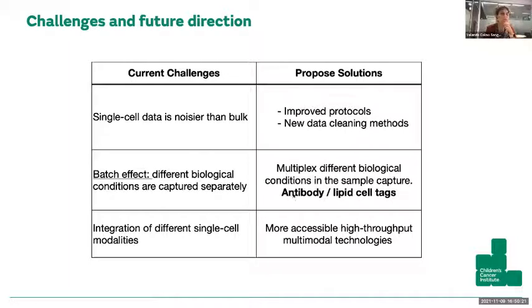So the antibody is an antibody that has a little barcode, and you stain your cells with that antibody in the two conditions separately. And then once you do the capture, you can mix them, and that barcode will be added to your RNA. And you will be able to see which sample each cell came from.